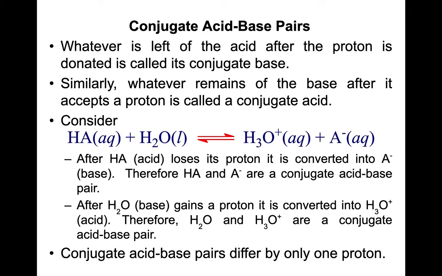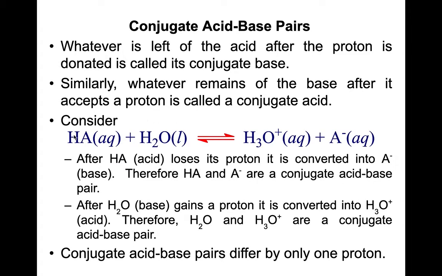Here's some general information about these pairs. Whatever is left of the acid after its proton is donated is that acid's conjugate base. And whatever remains of the base after it accepts a proton is that base's conjugate acid.